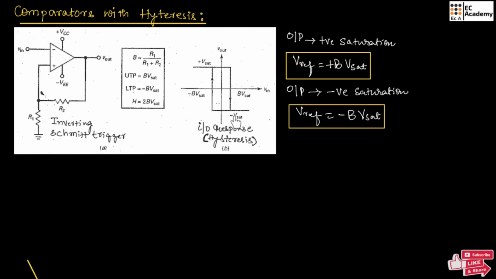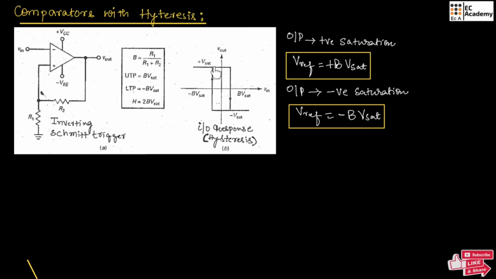Now let us understand this hysteresis or input-output response. As output is positive saturation and the input voltage increases, the output will remain positive saturation itself. As the input voltage increases slightly above B V saturation, the output switches from +V saturation to -V saturation.